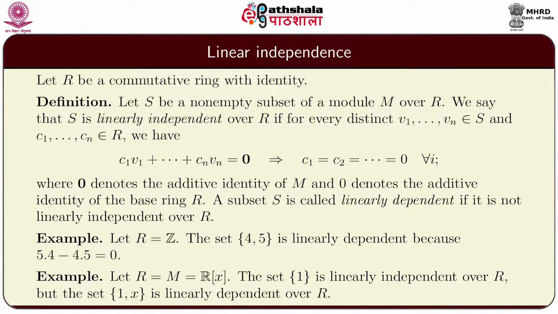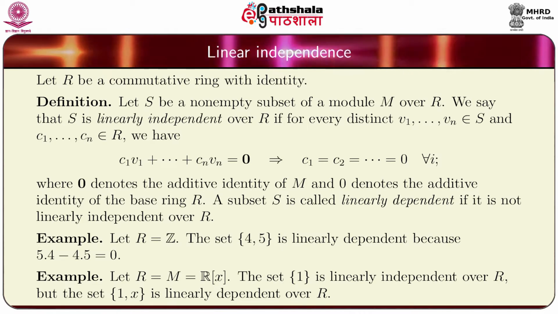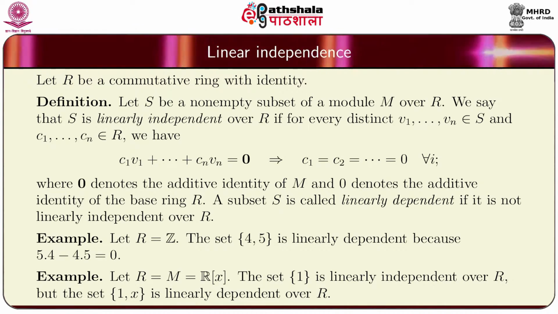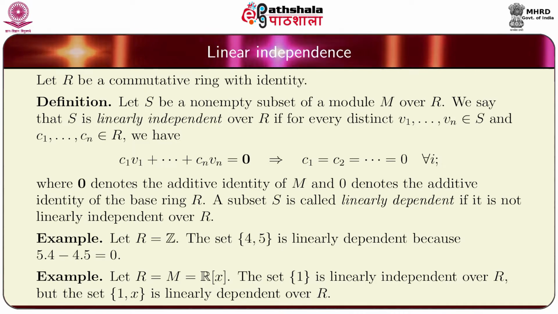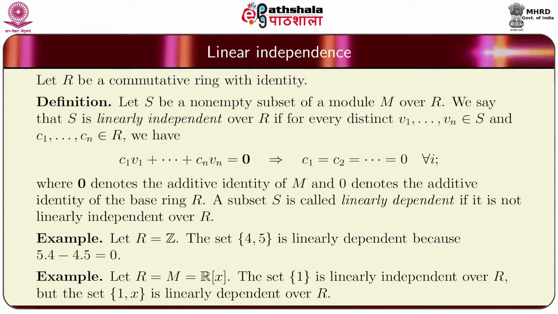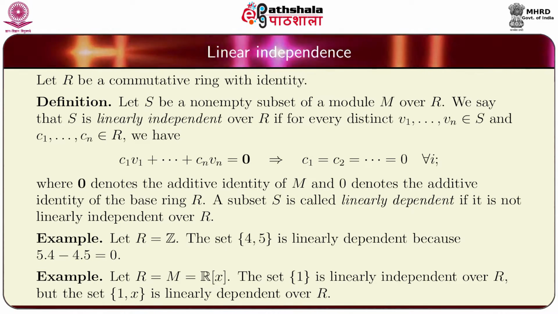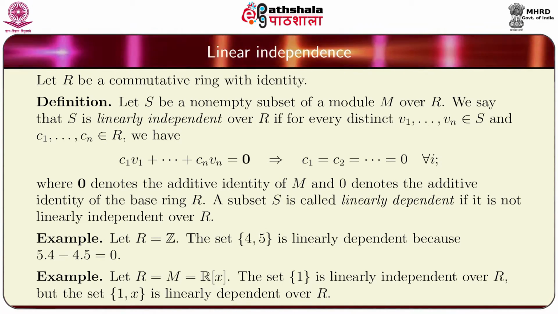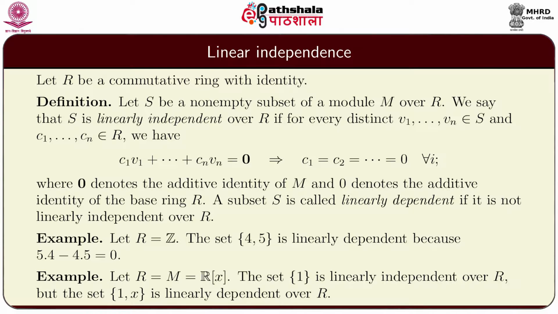A subset S is called linearly dependent if it is not linearly independent over R. So, we see that the definition of linear independence of a set in a module is the same as that for vector spaces.